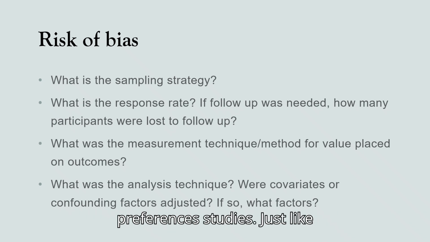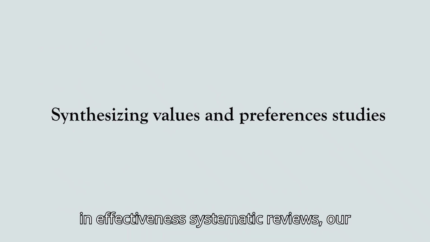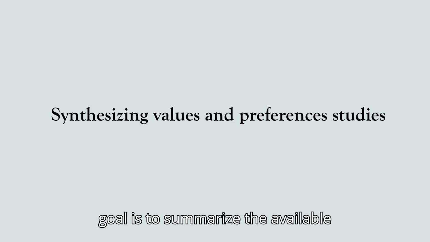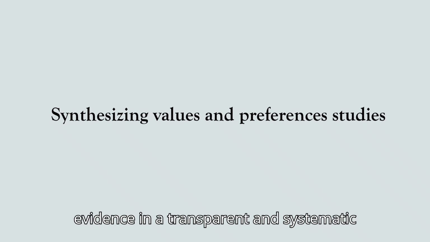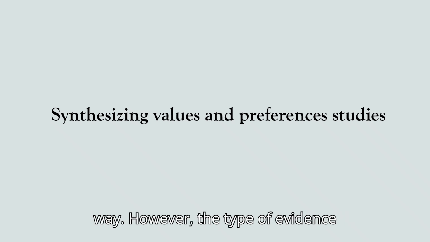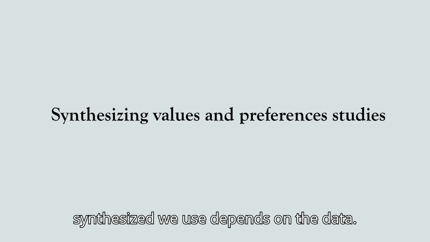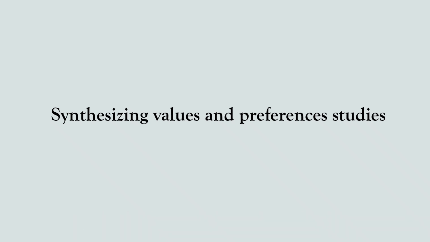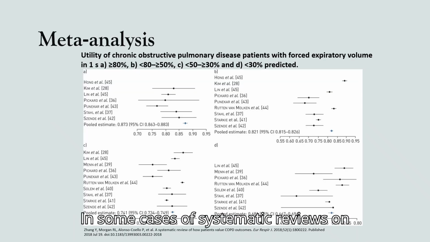Just like in effectiveness systematic reviews, our goal is to summarize the available evidence in a transparent and systematic way. However, the type of evidence synthesis we use depends on the data. In some cases of systematic reviews on values and preferences, meta-analysis is feasible.